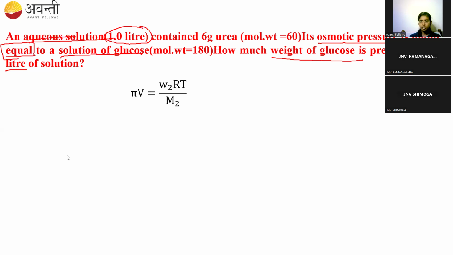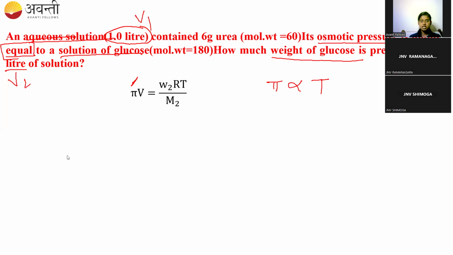So here pi 1 is equal to pi 2. If osmotic pressures are the same, then pi is directly proportional to T, and the temperature will also be the same. T1 will also be equal to T2. And volume V1 equals V2 for both.